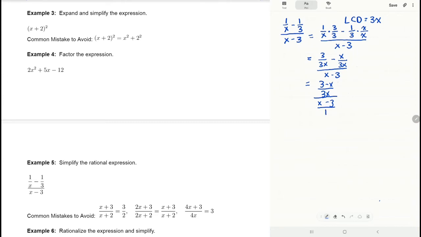And when we have a fraction divided by another fraction, we can simplify this by multiplying by the reciprocal of the denominator. So we have 3 minus x divided by 3x. We can multiply this by the reciprocal of x minus 3 over 1, which is 1 over x minus 3.